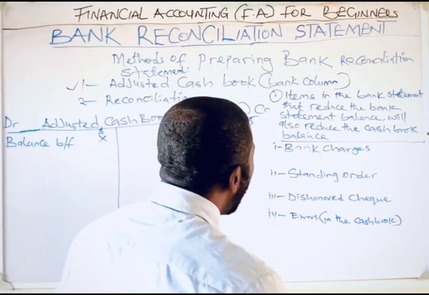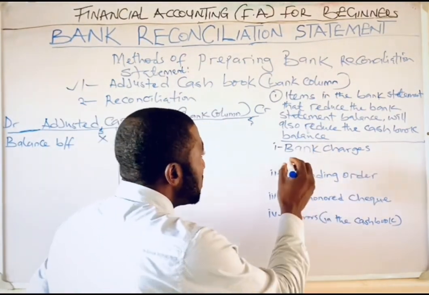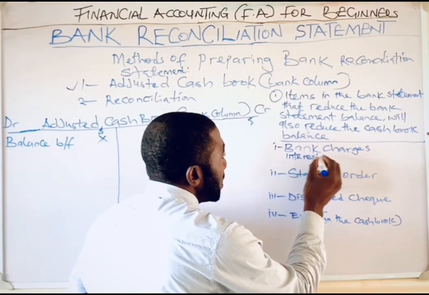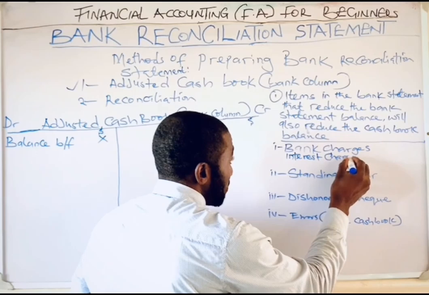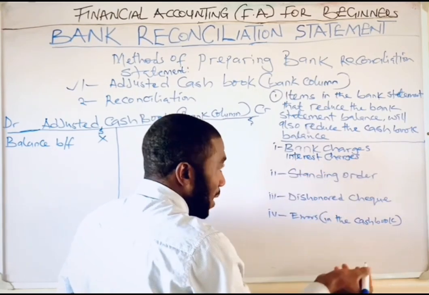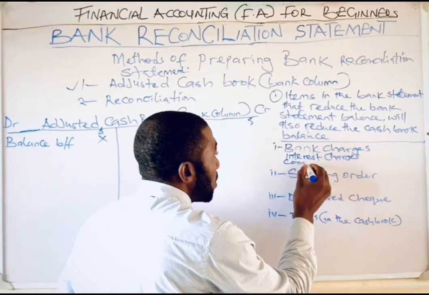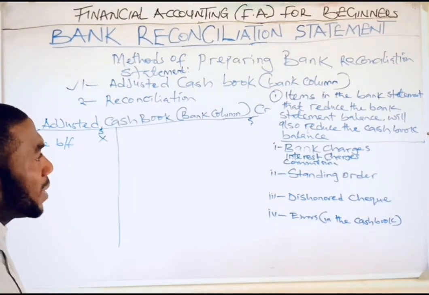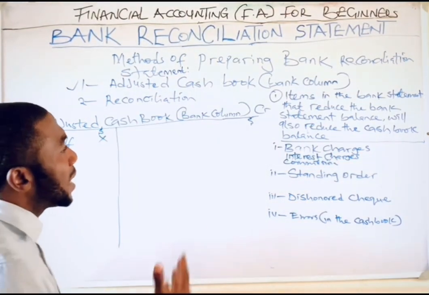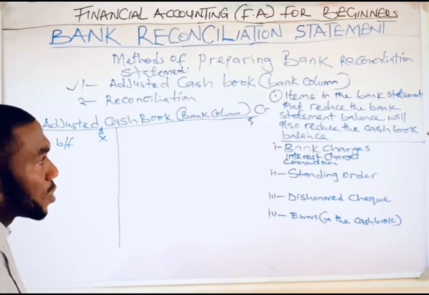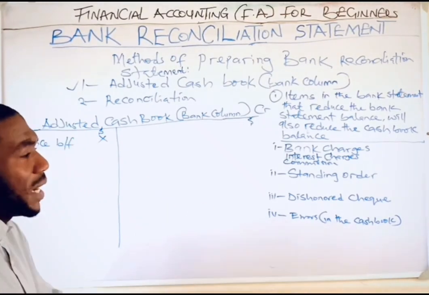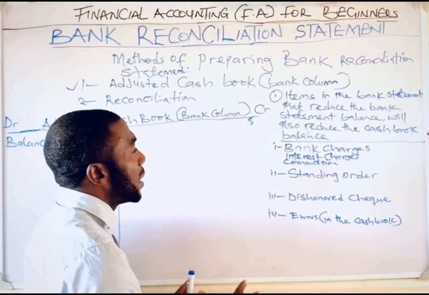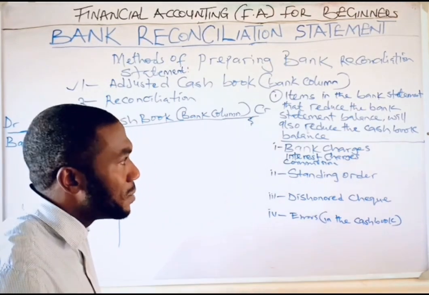So these bank charges, it is the same thing as interest charges. Commission, bank commission, all is the same. The examiner might choose to use bank charges in item 1 of the question, interest charges in item 2 of the question, or commission in the other item of the question, but all have the same treatment.